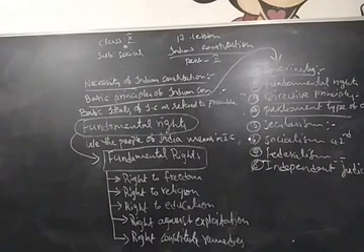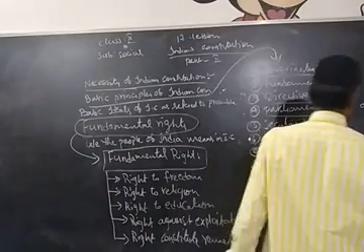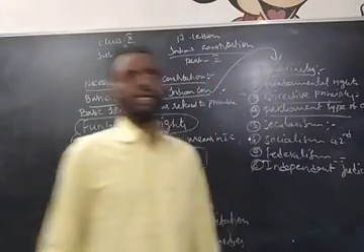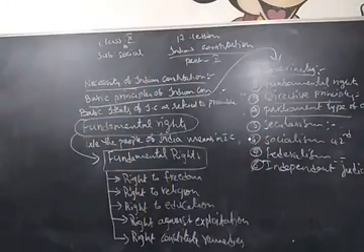Next, independent judiciary. India has an independent and integrated judiciary. So, India has an independent judiciary, and no one has any right to question them or pinpoint them. That is the integrated independent judiciary in India.